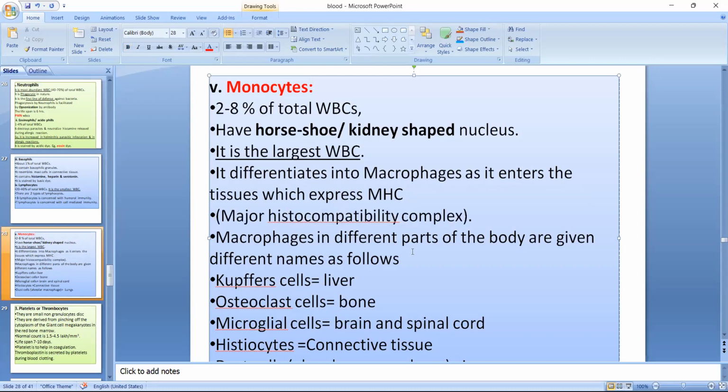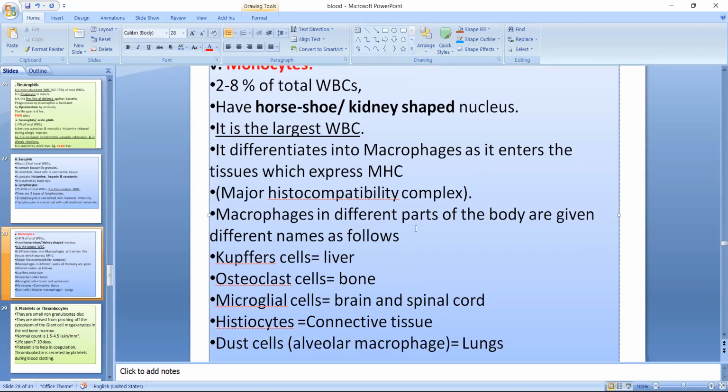Macrophages in different parts of the body are given different names.